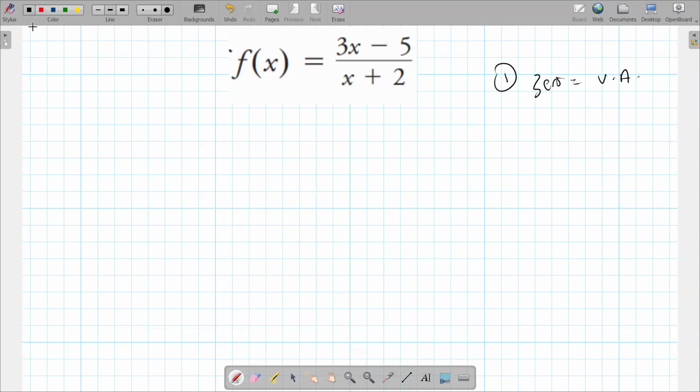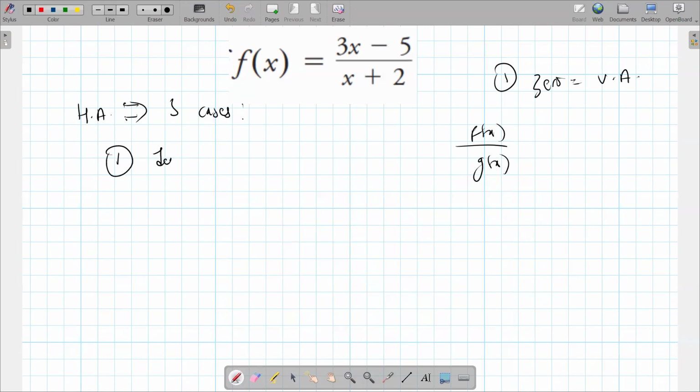Now here's the more complicated thing about rational functions. Horizontal asymptote, there are rules, and you're going to have to memorize the rules. So for horizontal asymptote, there are three cases. Case one, again, a rational function will always be f of x over g of x.